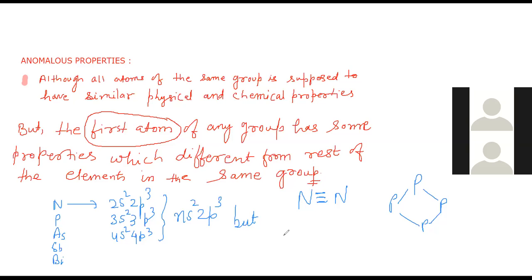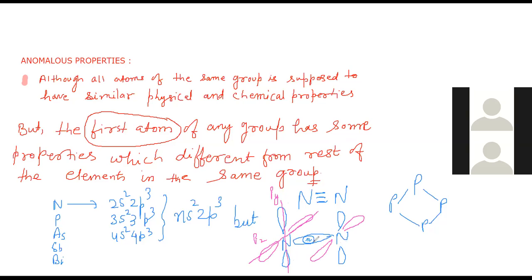But you will find that nitrogen has p orbitals and the electrons are unpaired, so they form one sigma bond. They also have py and they have pz orbital. This is py, this is pz.